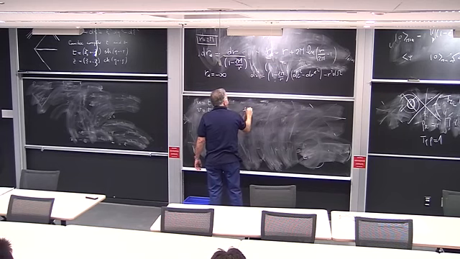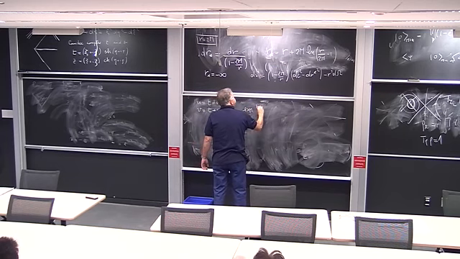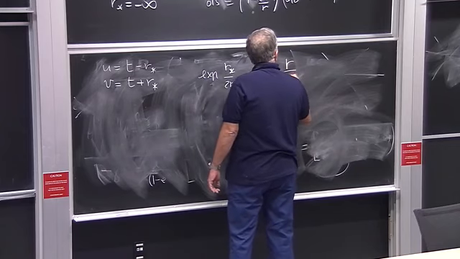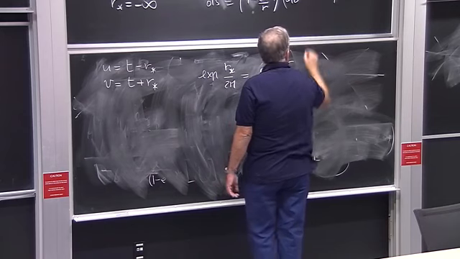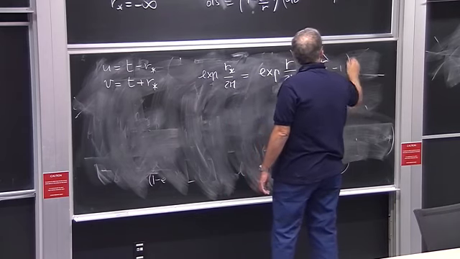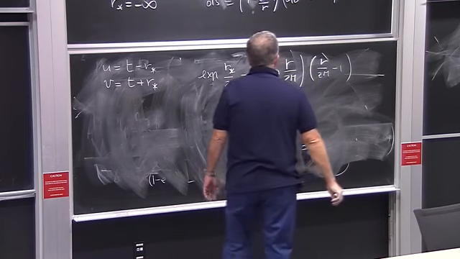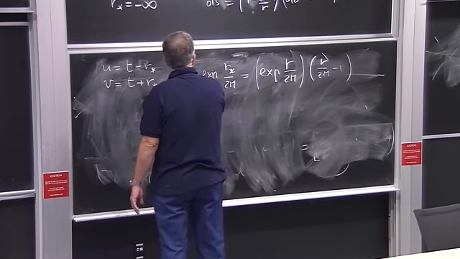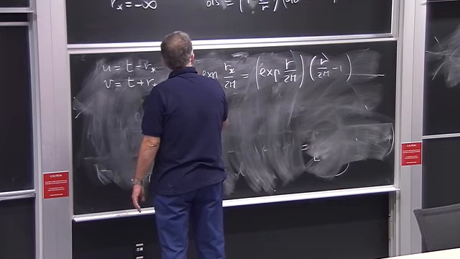We make the exponential of r star over 2m, which is the exponential of r over 2m times the exponential of the logarithm, which is r over 2m minus 1. Then multiply this equation by 2m over r.